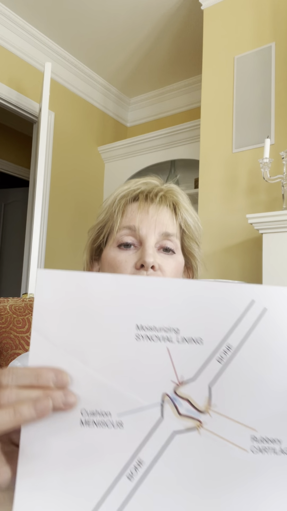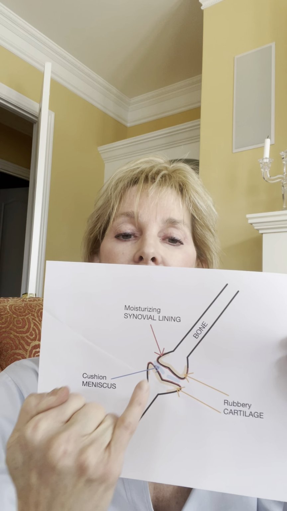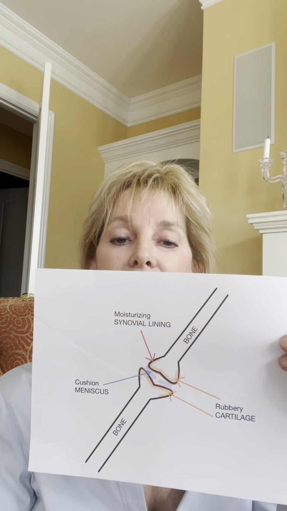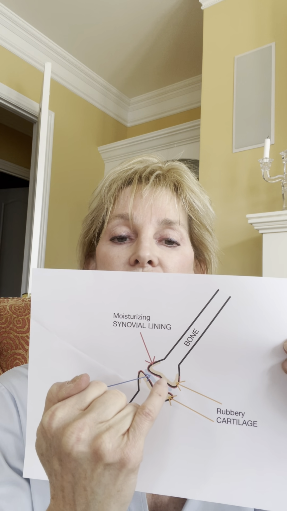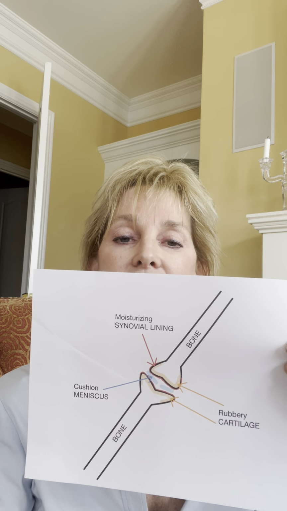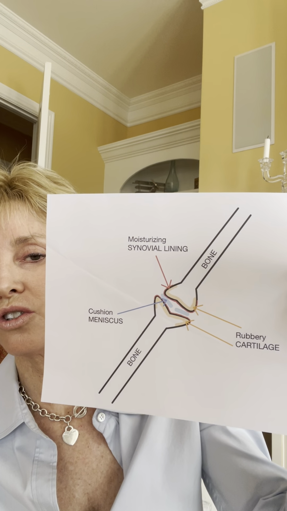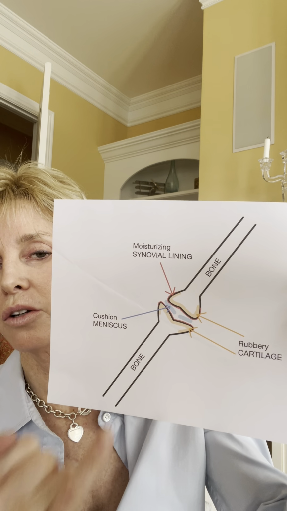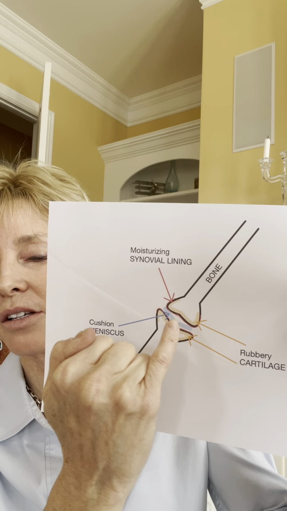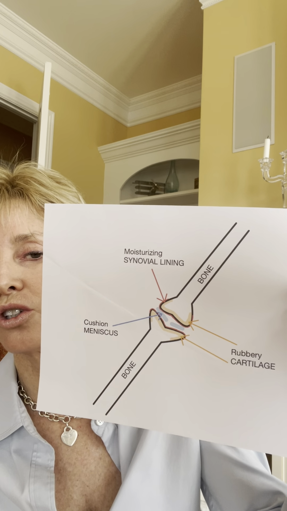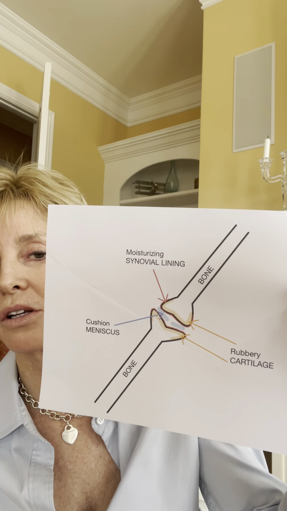We're going to look at this little joint again. We notice that joints have bones that rub on each other. Some of the protective measures that our body takes is that we have a cartilage type deposit on the ends of our bone called rubbery cartilage. It's orange there. There are little pads called meniscus pads that exist between the bone ends that help further to cushion that articulating or rubbing surface.